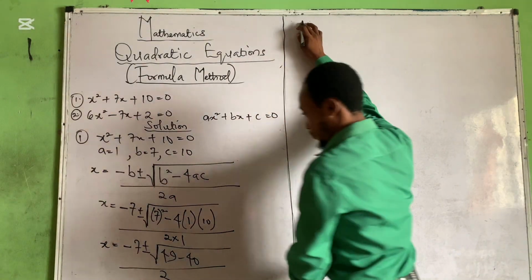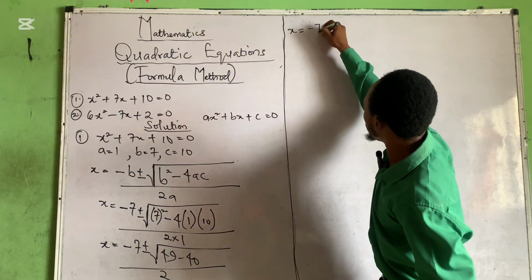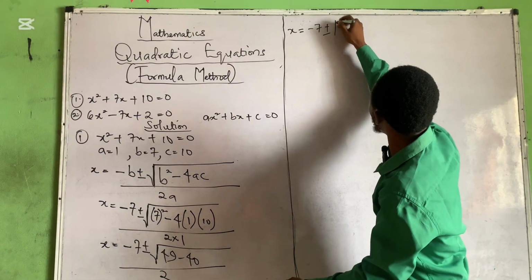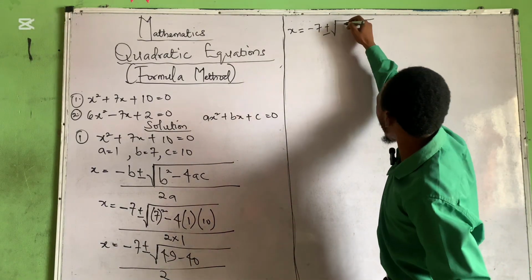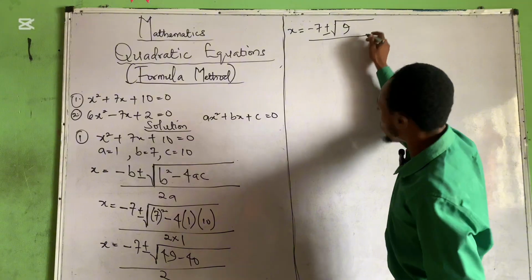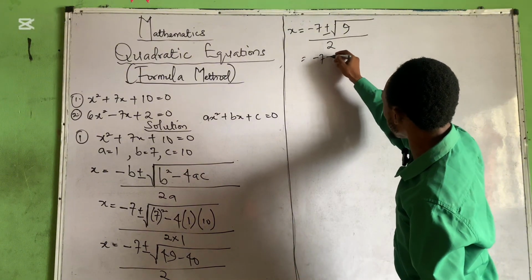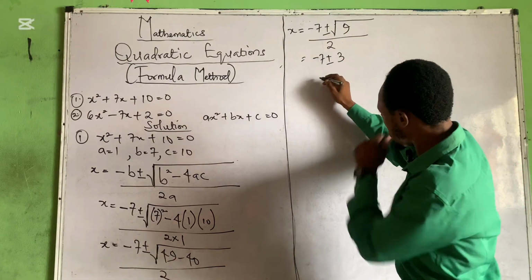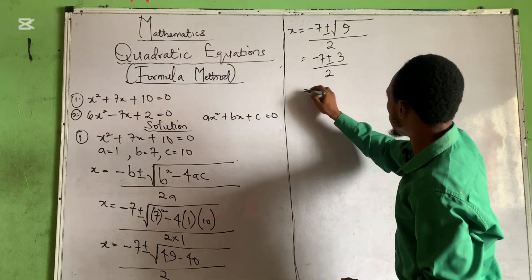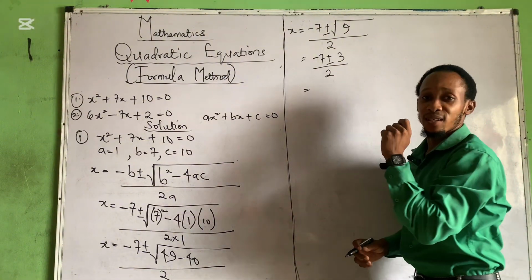Now x equals minus 7 plus or minus square root of 49 minus 40 is 9, over 2. Now we have minus 7 plus or minus, what's the square root of 9? The square root of 9 is 3, over 2.